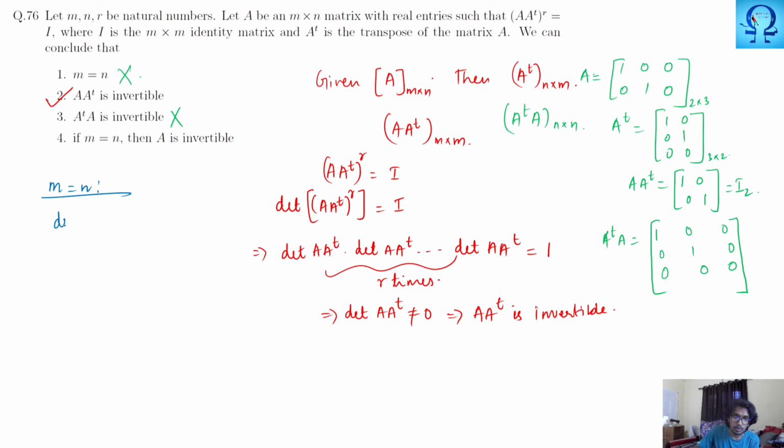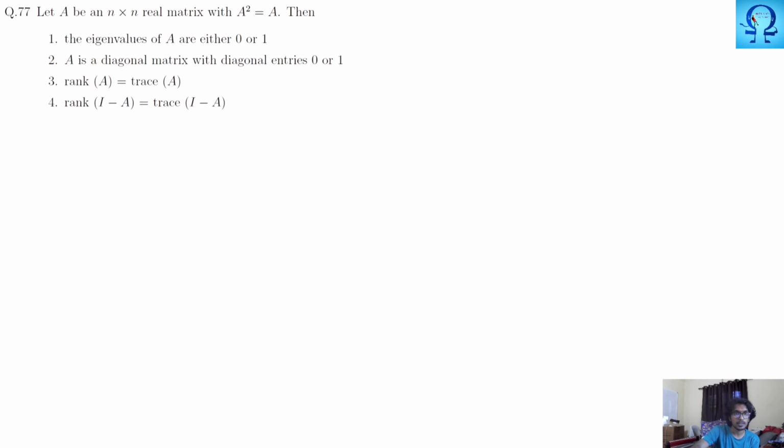So in this case, when m and n are equal, this determinant of A transpose, which is not equal to 0, we claimed it, right? So this may be written as determinant of A product with determinant of A transpose, which is non-zero. This very well tells us that determinant of A is also non-zero and hence A is invertible. Option 4 is also true. Okay, we move to the next question.